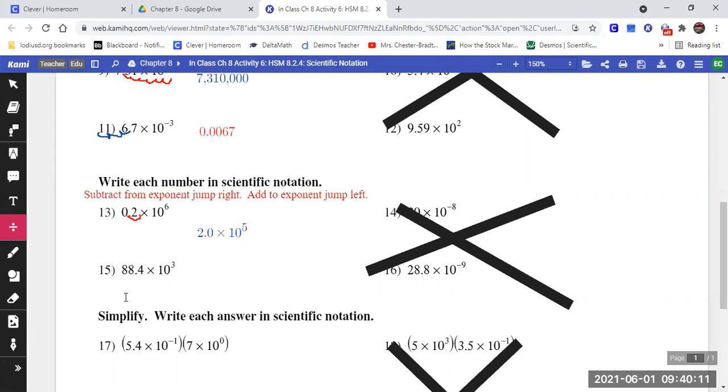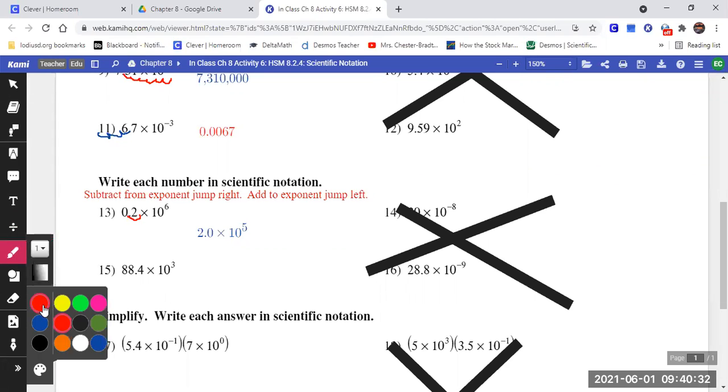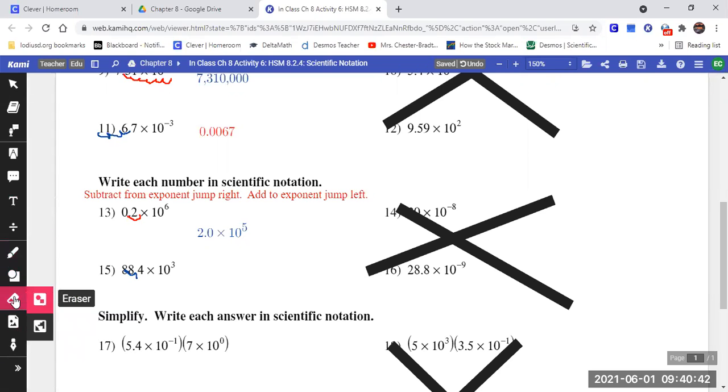Look at 15. Is there a single digit, a single number in front of the decimal point? No. I see 8. That's 2. That's not 1, that's 2. So we have to fix that. We can't have 2 in front. We can only have 1 in front. So we have to jump our decimal. Which way do we have to jump our decimal? To the left.